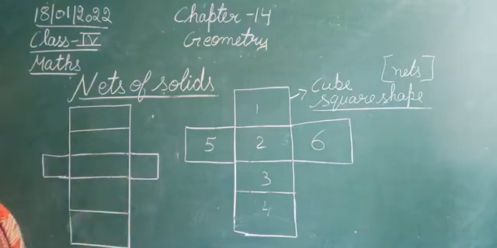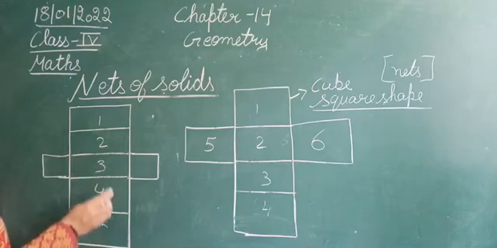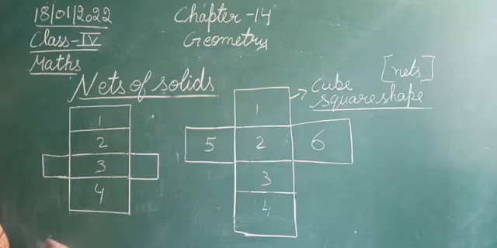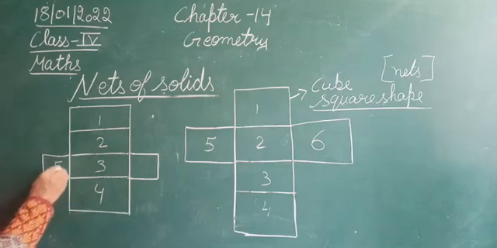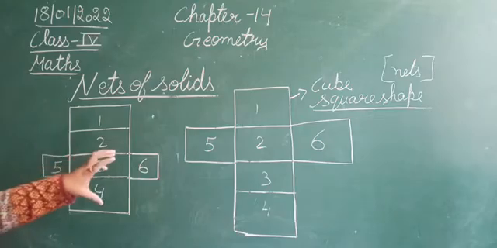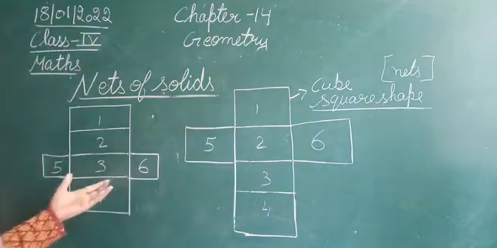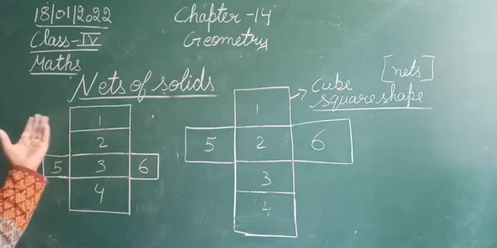So all the nets of a cube will be in the square shape, whereas all the nets of a cuboid will be in the rectangular shape.